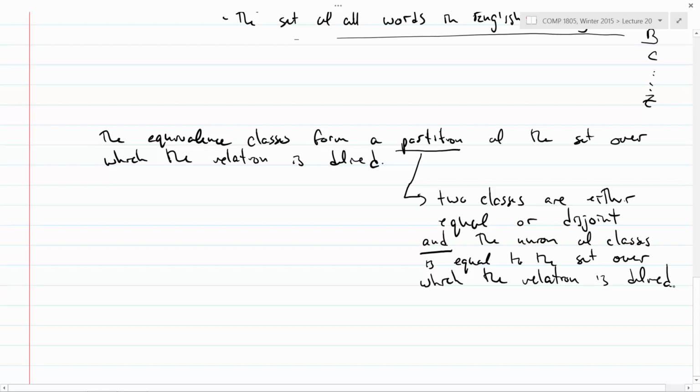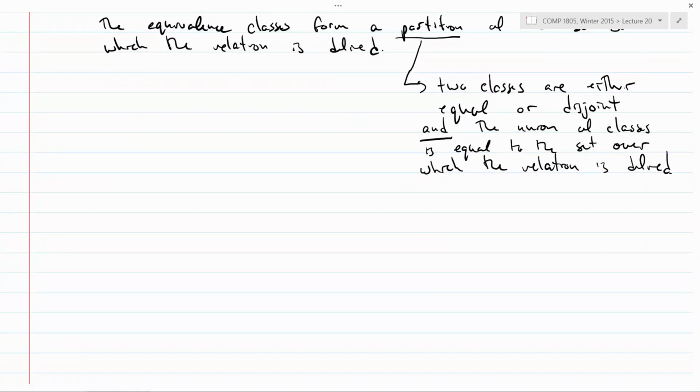So there's two parts of being a partition, right? The first is that different things in that partition are either equal or disjoint. There's nothing in between. There's no partial overlap or anything like that. And the other thing is that when you take the union of all of them, you get back whatever you started with. That's what it means to be a partition.